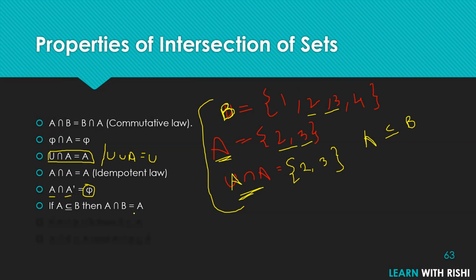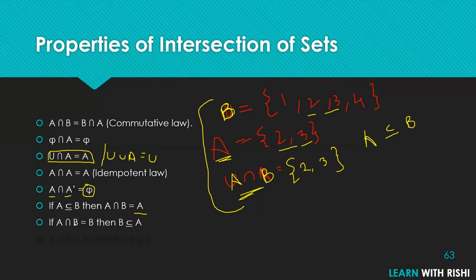It is nothing but equal to set A. Common elements from A and B are 2, 3 and also the set A is itself 2, 3. So if A is a subset of B, then A intersection B is equal to A. If I'm writing B is a subset of A, then A intersection B is equal to B.